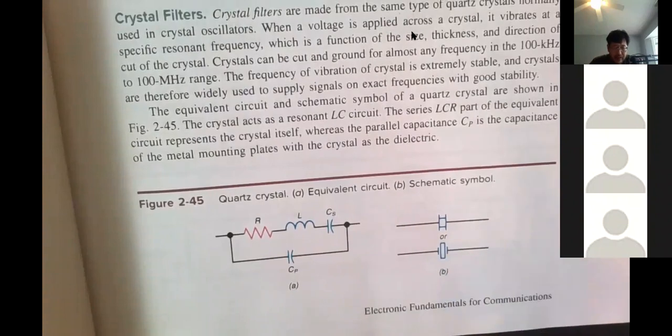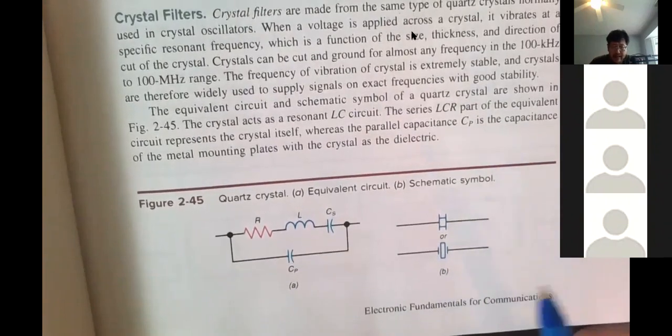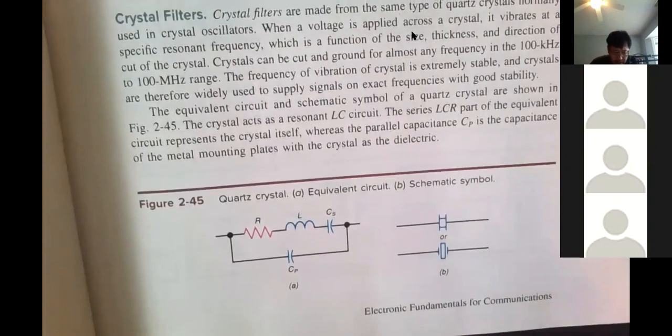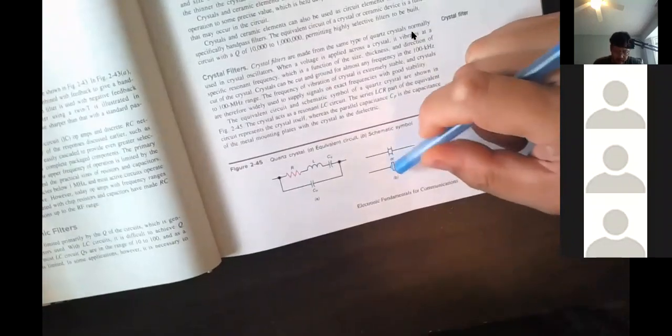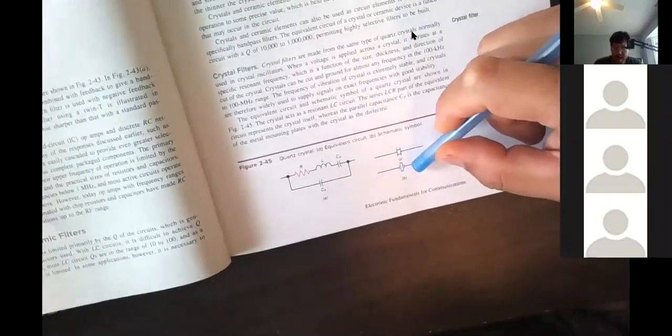It's basically a piece of sand, silicon oxide. I think quartz means silicon oxide. By cutting the silicon oxide crystal at different angles and different sizes, we can create a filter at different frequencies.